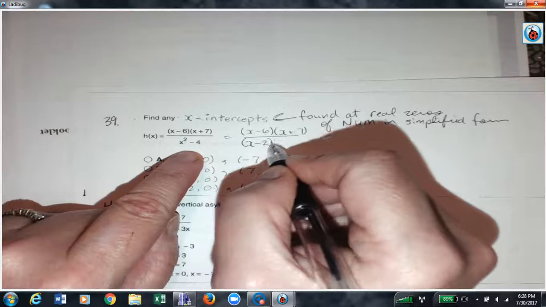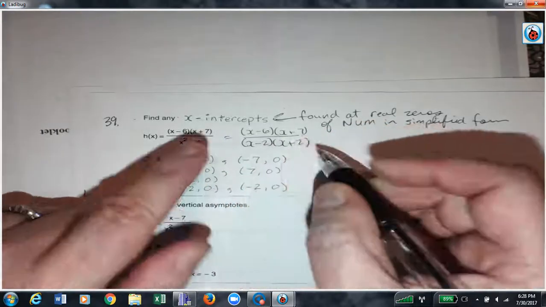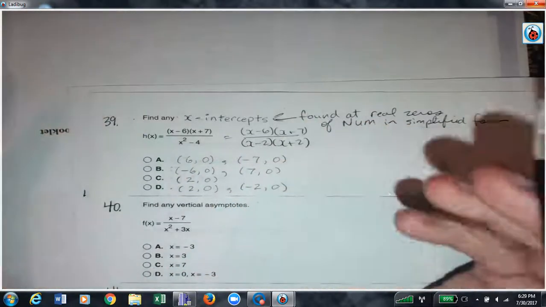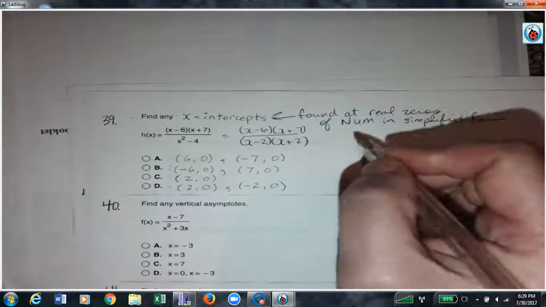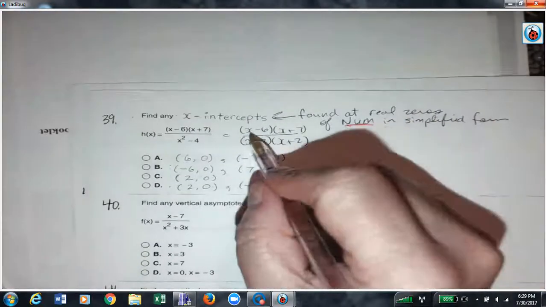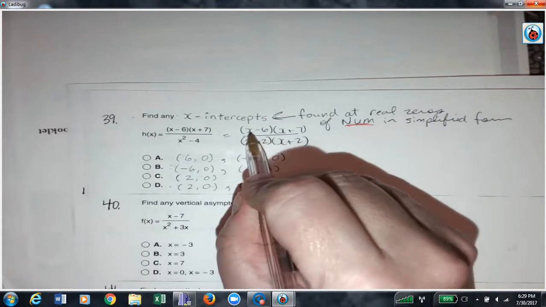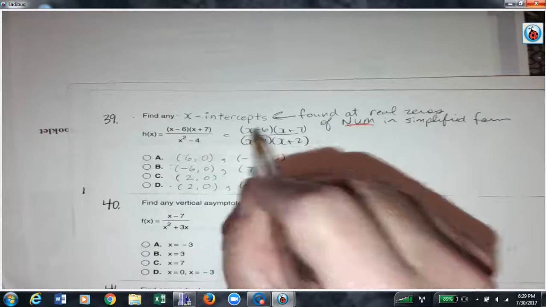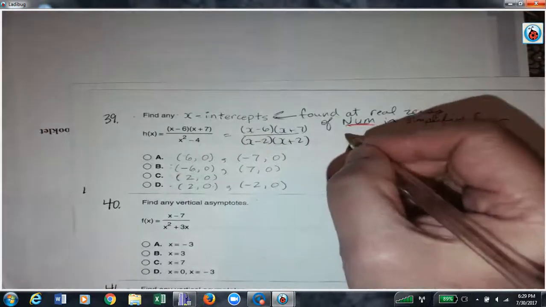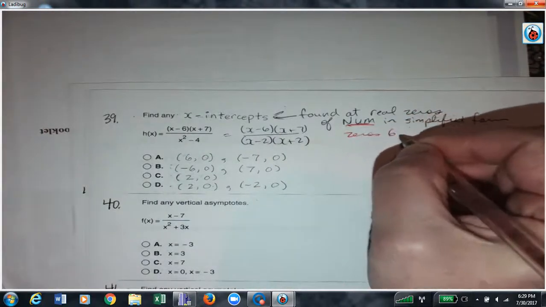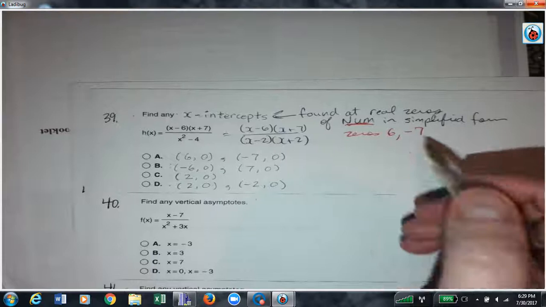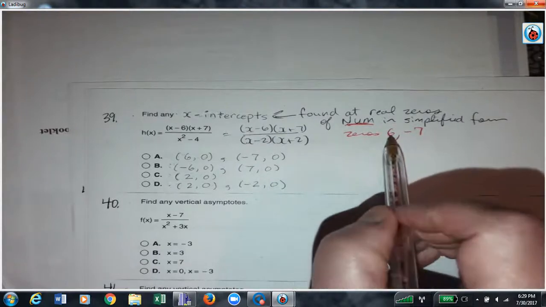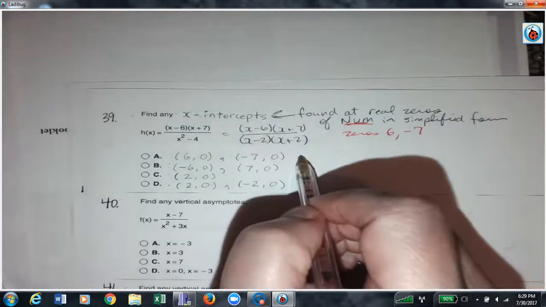It's x minus 2 times x plus 2. Now there's no cancellation, so it's already in lowest form. Real zeros of the numerator, what's going to make the numerator 0? If x is 6 and if x is negative 7. So I'll have an x-intercept at 6 and an x-intercept at negative 7.